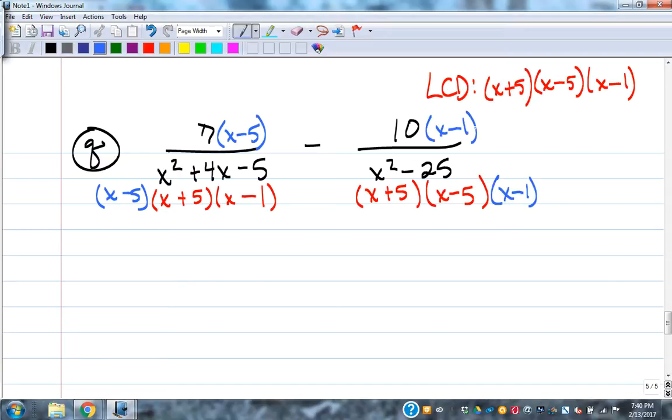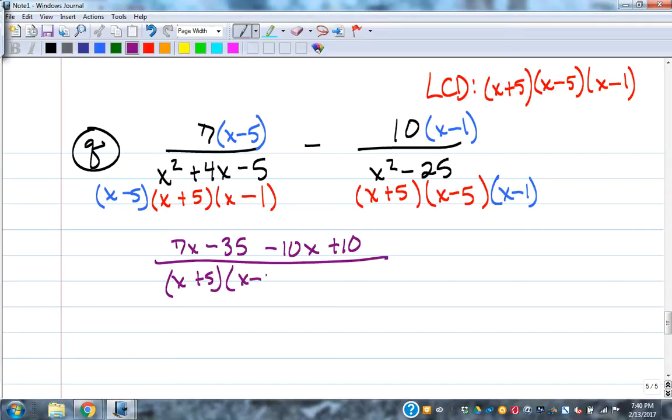Multiply out the numerator, so that's 7x minus 35. And then this is a minus 10, so that's like a negative 10. So that's negative 10x plus 10 over the denominator, x plus 5, x minus 5, x minus 1.